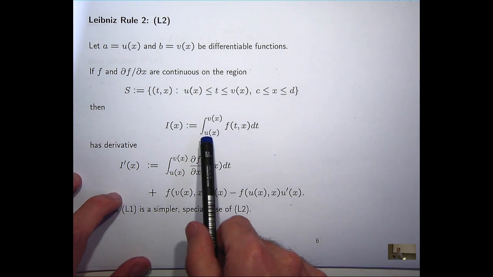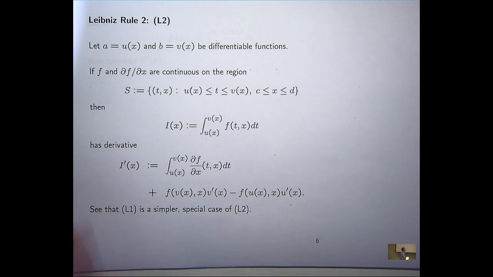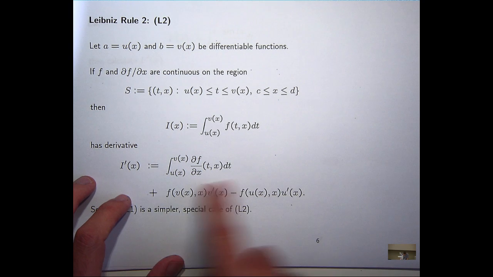So, you know, u might be root x and v might be x squared or something like this. Now, in that case, it gets a little bit harder. You still push the d dx inside the brackets, but you've got two extra terms here.